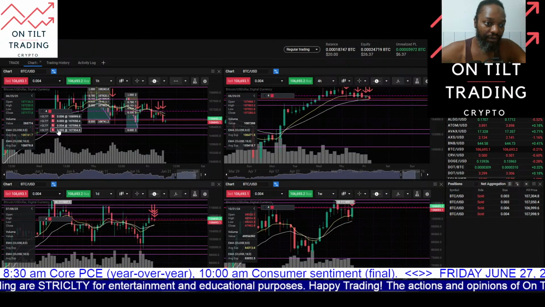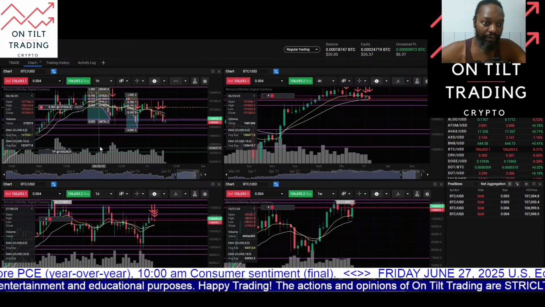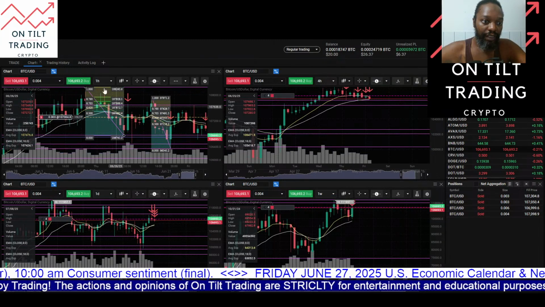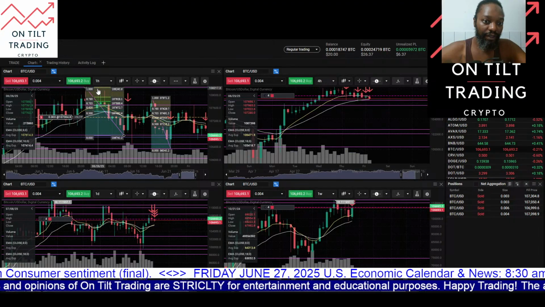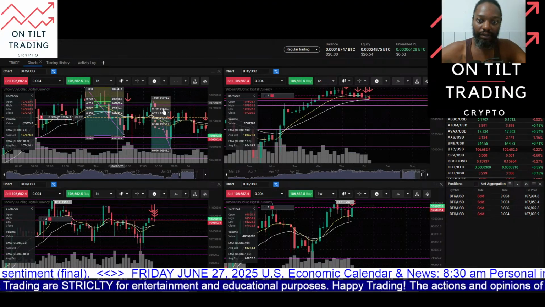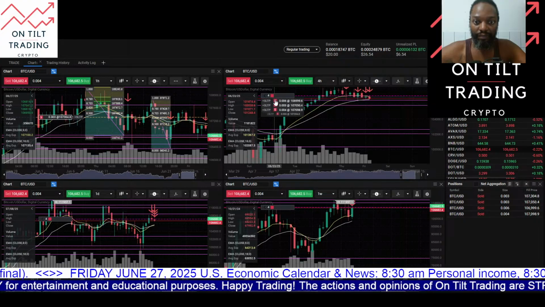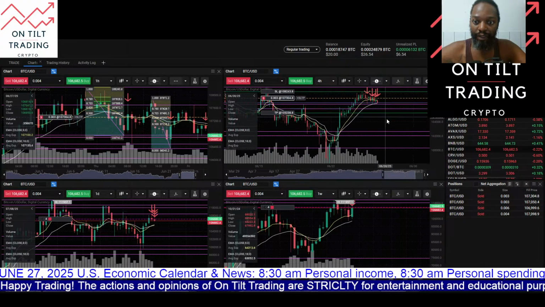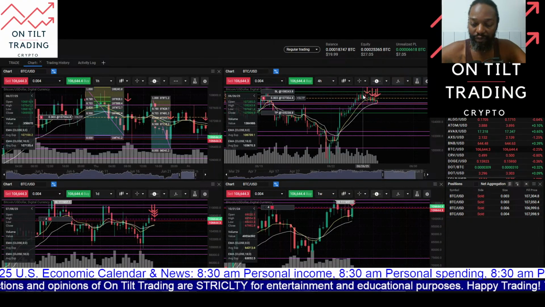This is my first entry here. My stop loss is just above this candle. You may be able to see my stop loss better on the 4-hour. Here you can see it better on the 4-hour.